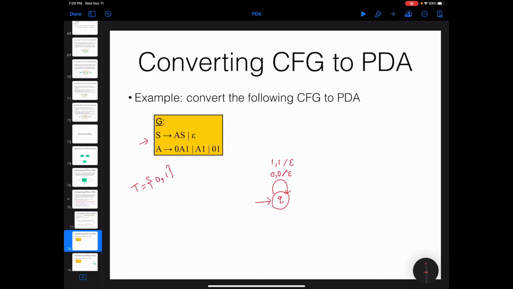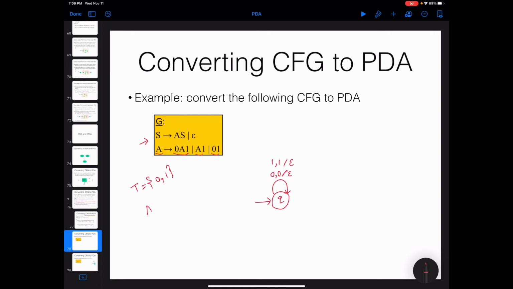Now I'm going to add all the transitions, first for S. For S, I have two, maybe it's better to start with A. I'll leave S for the last one. So I have a variable A, and it has 3 rules. For each one I'm going to add a transition.